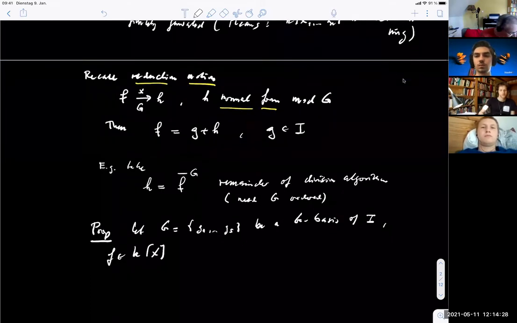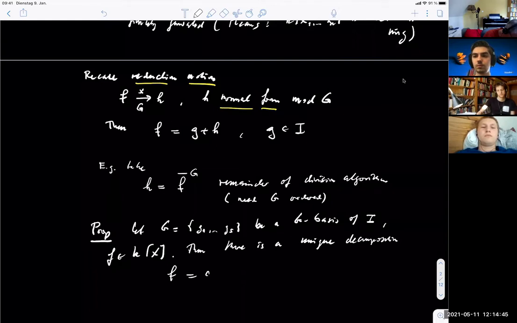Just want to save a little bit of notation. Then there is a unique decomposition F equals G plus H, where G is in the ideal and H is a normal form.